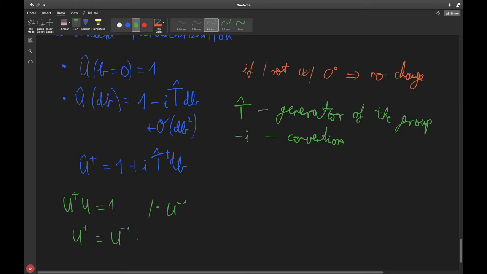So that also means that this is going to be 1 plus i t. The inverse of an operation is 1 plus i t with the hat and dB.